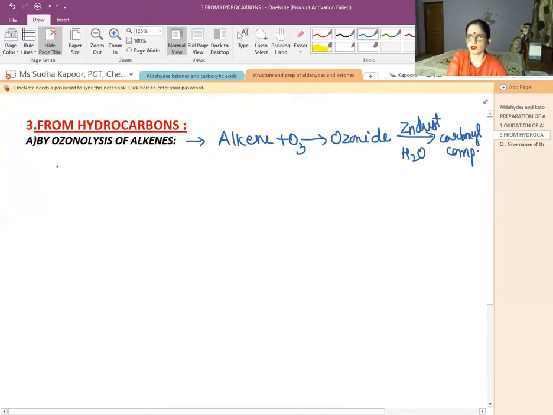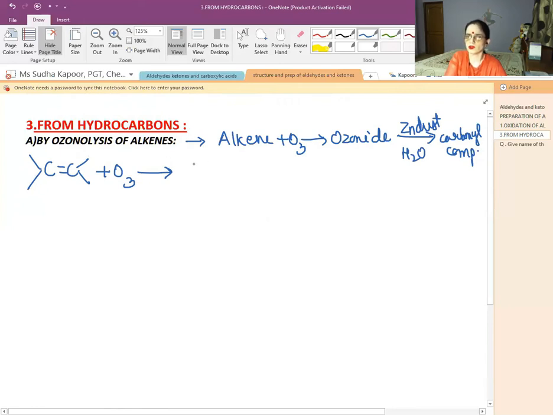So what happens when we take the alkene? If you follow a particular method of drawing alkenes, it is sufficient that your answer is never going to be wrong. So always draw the alkene as C double bond C, keeping both the bonds in the form as shown.